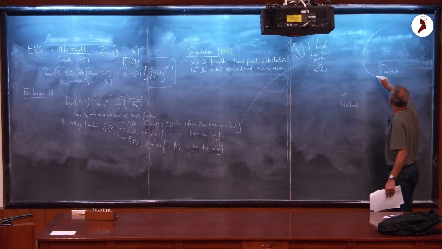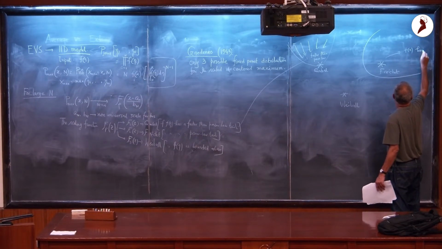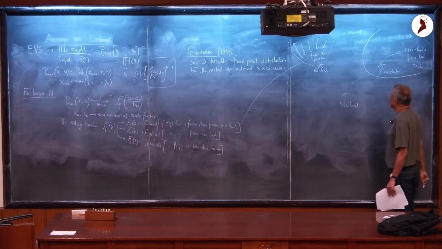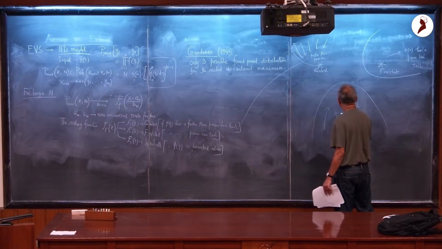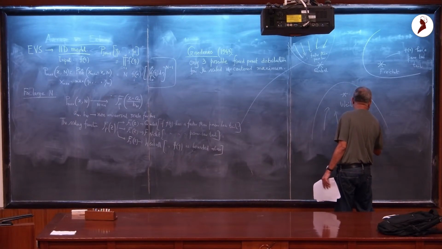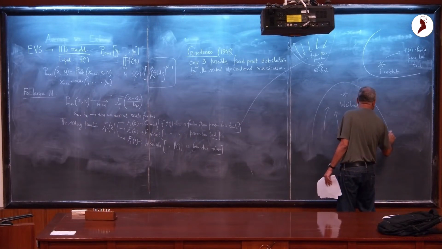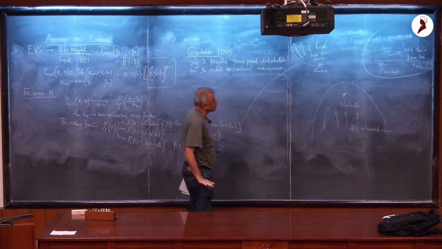Then this one has its own domain of attraction, where f(eta) has a power law tail. And this is all functions that are bounded above. They flow into this fixed point here. And these are the only three possible fixed points.